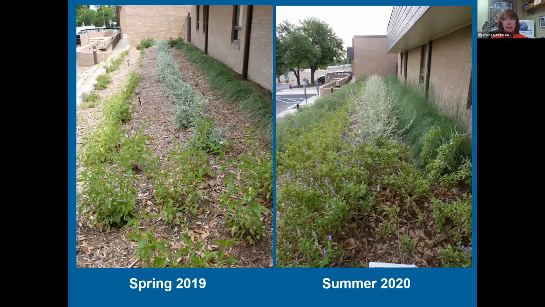So again, contrasting the first year of plantings to this summer, and what a difference from one season to the next. It shows how covering that soil with the plantings is not only helping with the infiltration of the water through the plants' root systems, but also, when that water comes down, it lessens the impact.